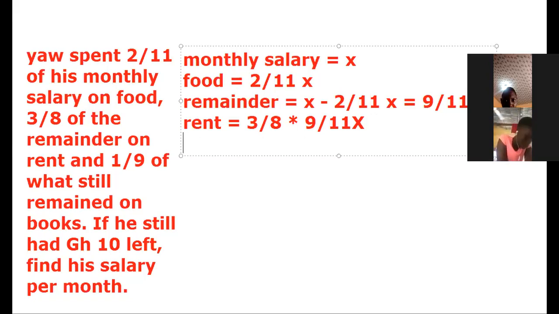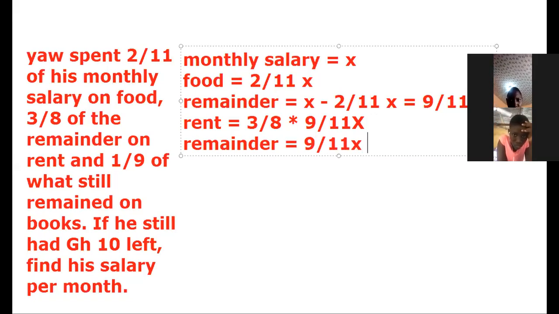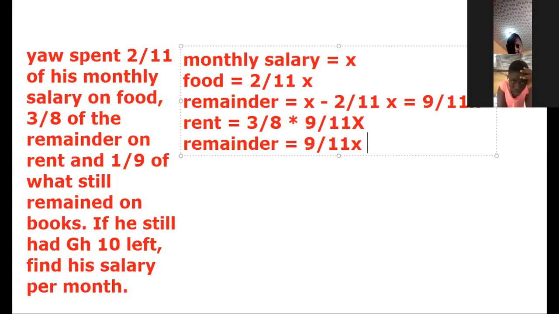So the amount left, that's the remainder, will be equal to 9 over 11x minus 27 on 88x.